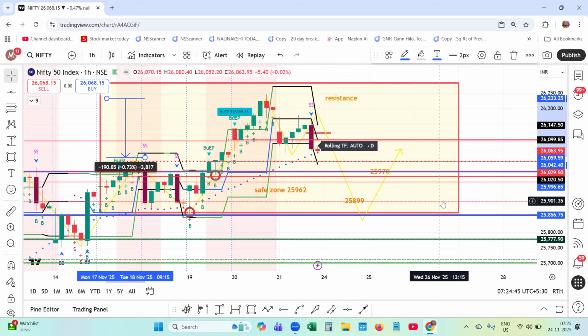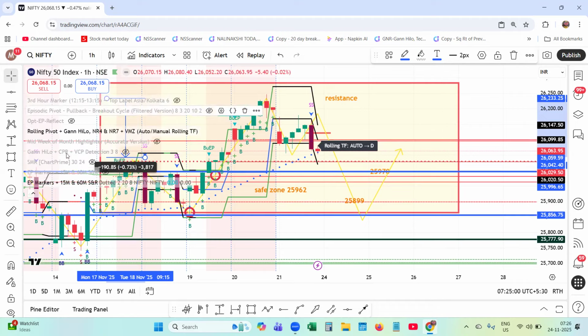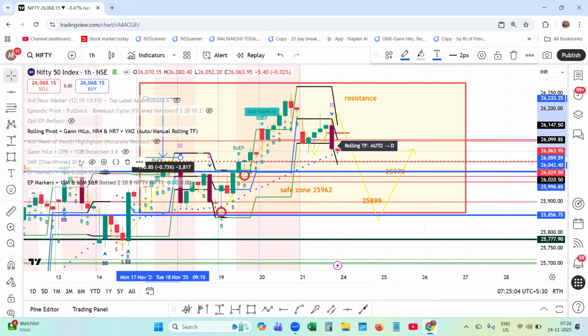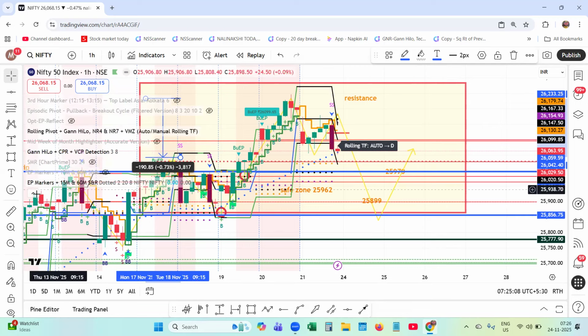Apart from that, you can use my other indicators also for intraday. CPR, VCP, everything. CPR and VCP also help you for intraday trade. If I enable that indicator, this one, I'm enabling the CPR.